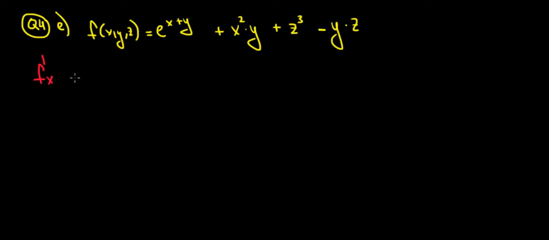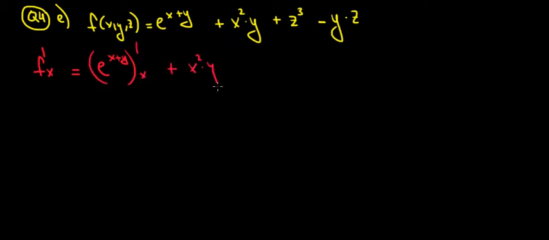F derivative with respect to x, that's going to be every part differentiated with respect to x, which means that x is the variable of interest, y and z are going to be our constants. So let's do it. e to the power of x plus y derivative with respect to x, plus x squared times y derivative with respect to x, plus z cubed derivative with respect to x, minus y times z derivative with respect to x.